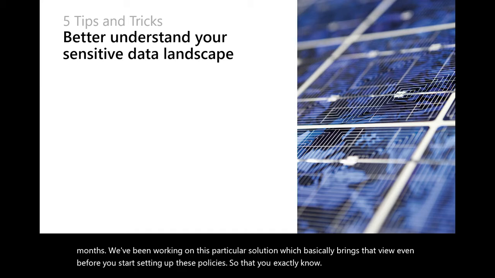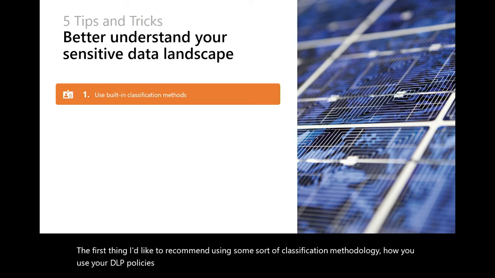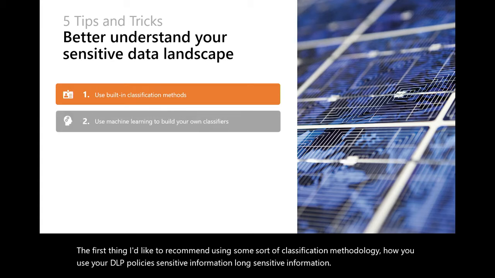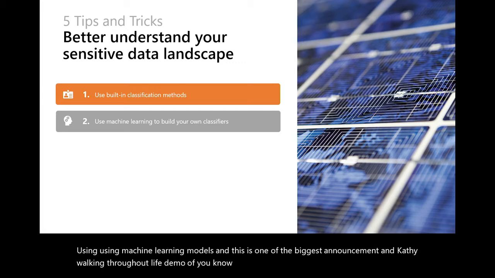The first thing we'd like to recommend is using some sort of inbuilt classification methodology. This goes back to how you set up your DLP policies to protect your data, with respect to warning on sensitive information, blocking sensitive information leaving your organization. The second one is using machine learning models, and this is one of the biggest announcements, and Kathy will walk you through a live demo of how machine learning classifiers are built into the tool and how it's going to help you.